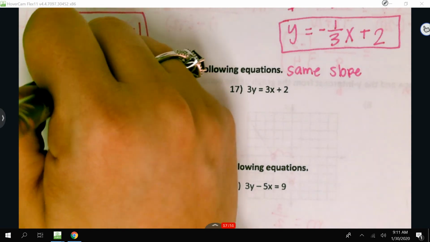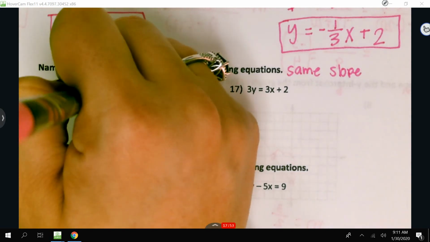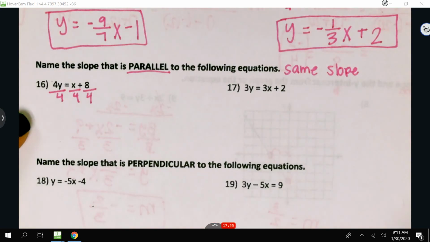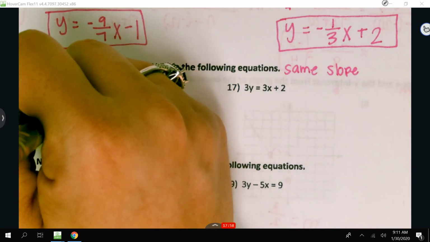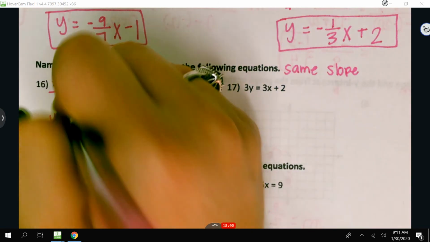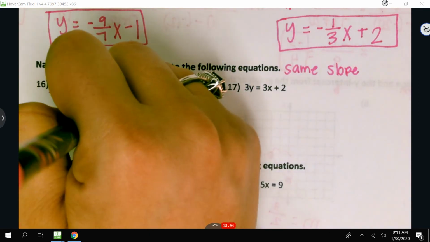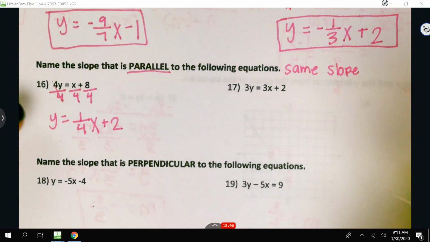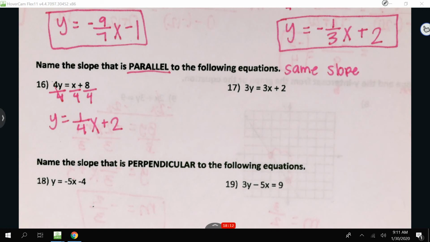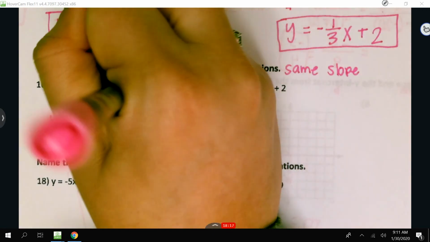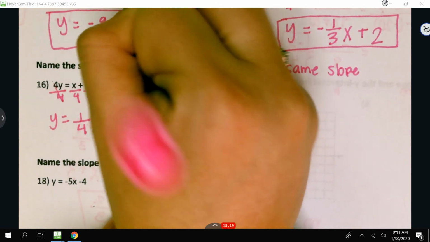So that means I need to divide everything by 4. So in slope-intercept form, this becomes y equals what? 1/4 x plus 2. So what is the slope of that equation? 1/4. So if I'm looking for a line parallel to that, that slope is also going to be 1/4. So m is 1/4.